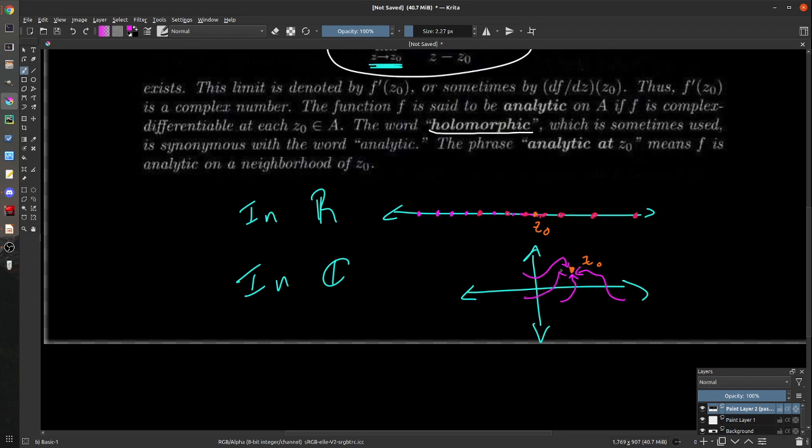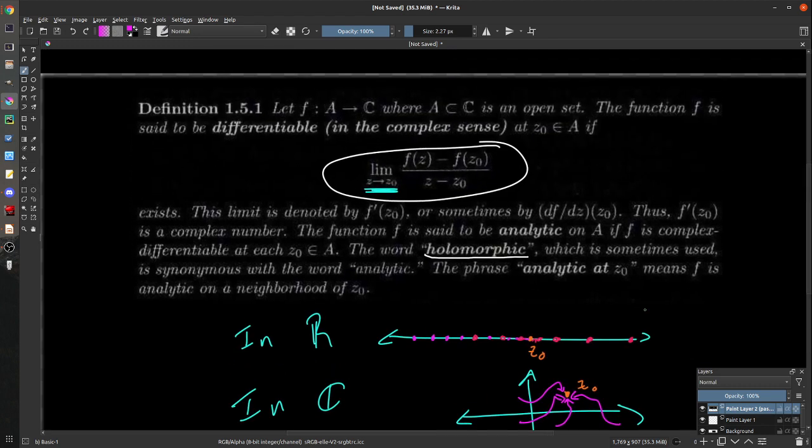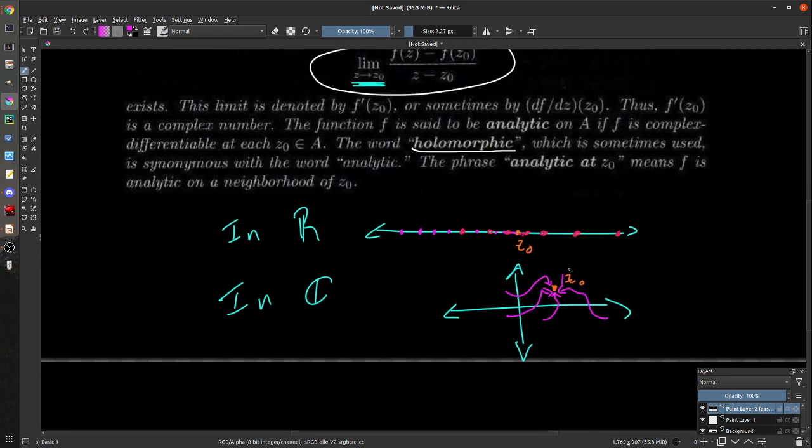And so this limit is sort of saying somehow that no matter which direction you go, you have to get to the same place. And really it's not like these little paths, right? It's actually just sequences of points.